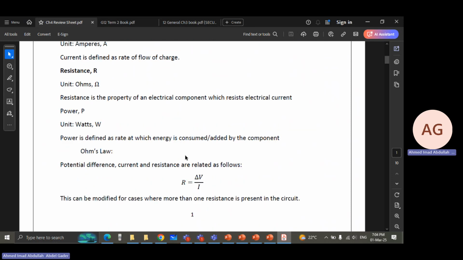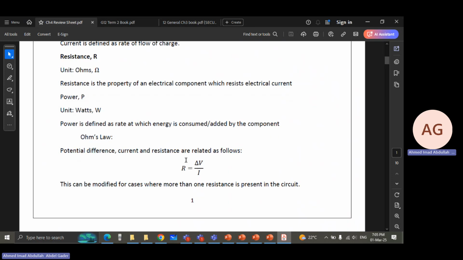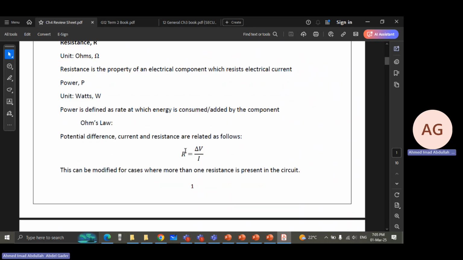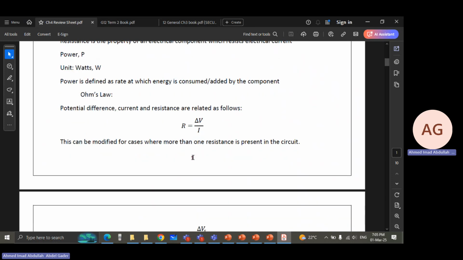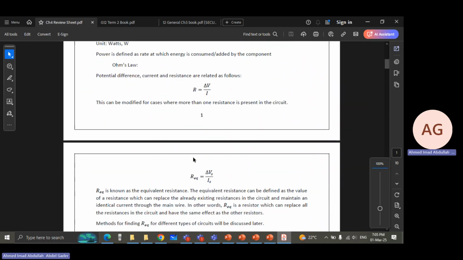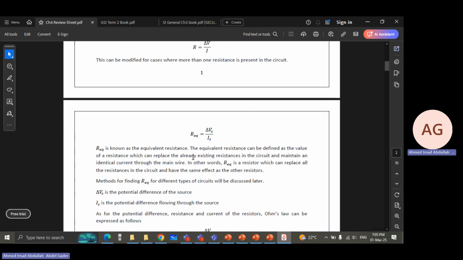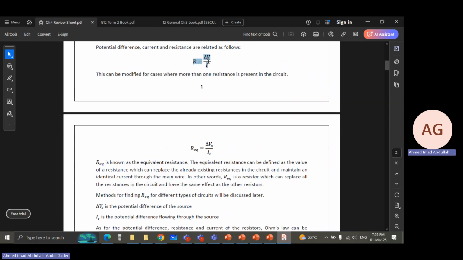And Ohm's law, stated over here, where R, resistance, equals the potential difference in volts divided by current. There are 3 variants of Ohm's law, you should know. This is the general form.